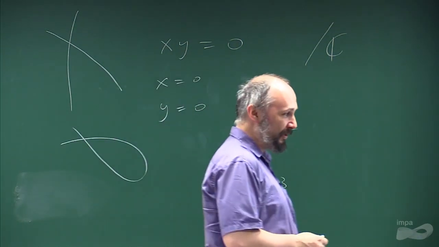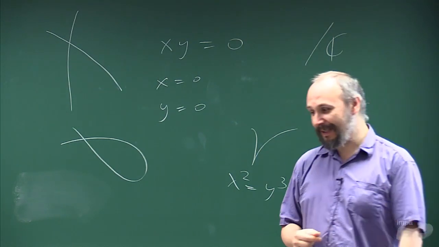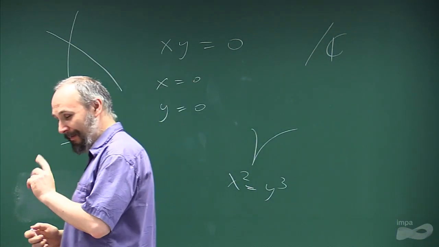Here's a proposition which is pretty much trivial, which says that these coordinates can be chosen polynomial.